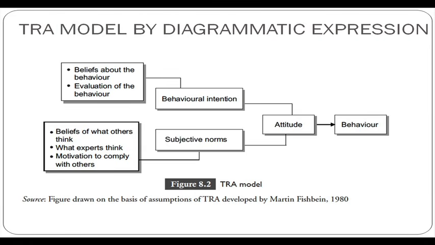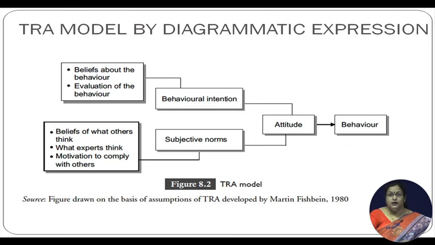So, let us go to the model a little bit, which will make it very clear to understand. See the behavioral intention here, how it is formed. First of all, we talk about beliefs about the particular behavior, and then the evaluation of the behavior.